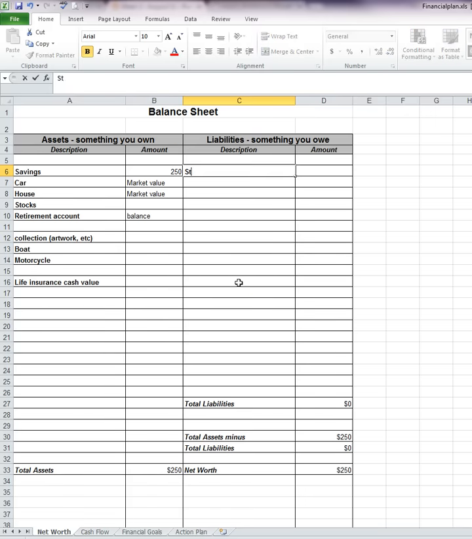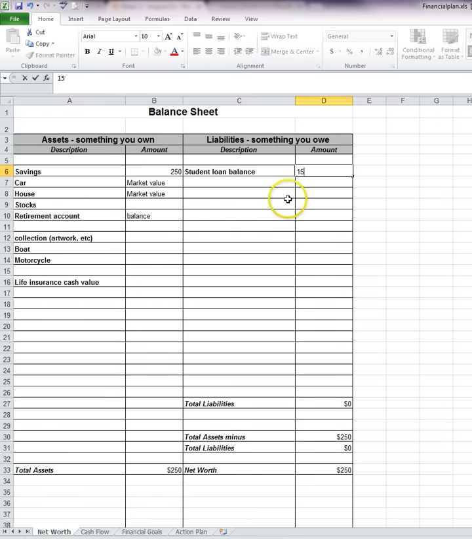I'm going to start with your student loan balance. Not your payment. All payments we'll capture on a different worksheet, the cash flow worksheet down here. Right here, we want the aggregate, the balance you owe.